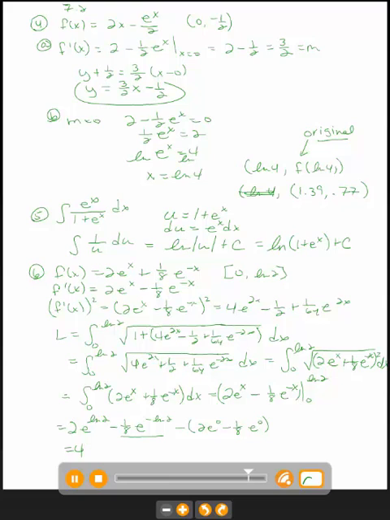Looking at this piece right here, the e and the ln would cancel, so I'd get negative 1/8 times 1/2, minus e to the 0 is 1, so 2 minus 1/8. 4 minus 1/16. 2 minus an 8 would be 15/8, but plus, no, minus.